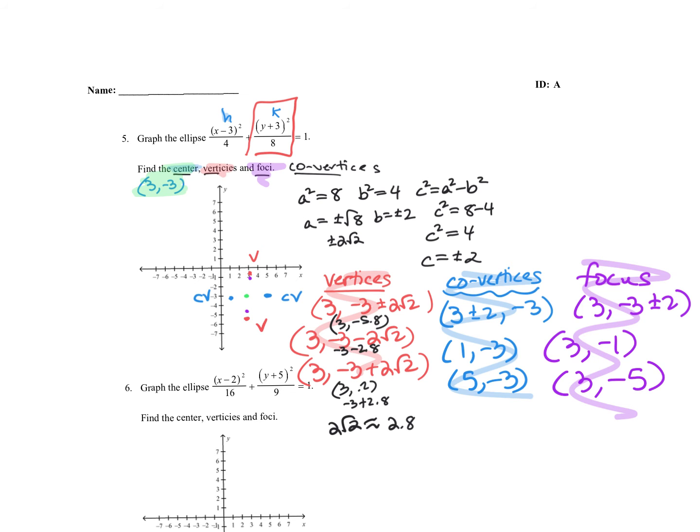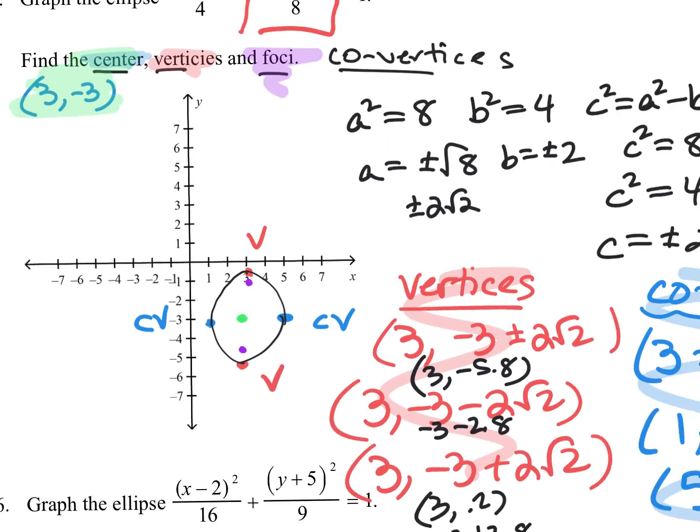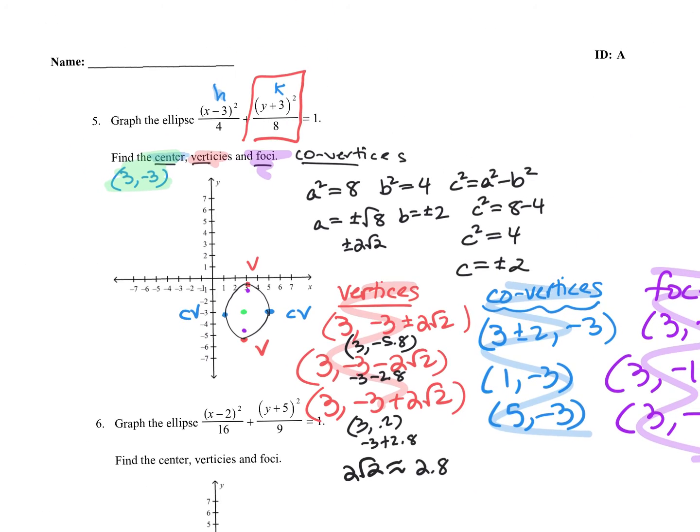Connect the red and the blue dots to make your ellipse. So again, make it curved. Add a little bend to it, and then there would be your graph. The key thing I'm going to be looking at is the ordered pairs you're writing on the line. If your points are close, because again, it's going by ones, that's what I'll be looking for.